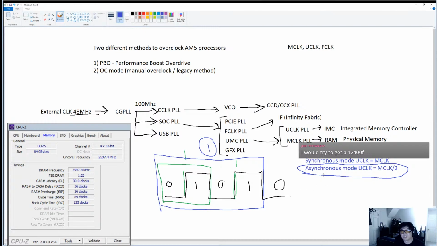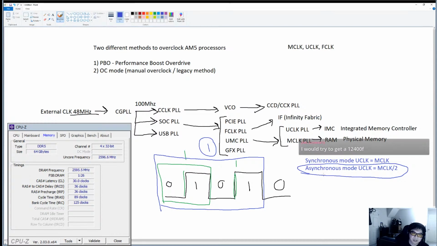But I do also have Samsung memory that Micro Center gave me for free when I purchased the Zen processor. I haven't really tried the Samsung memory. But on DDR5, Hynix is really your go-to if you're looking for anything that's 6,000 or above. That would be all Hynix. There are some Samsung.